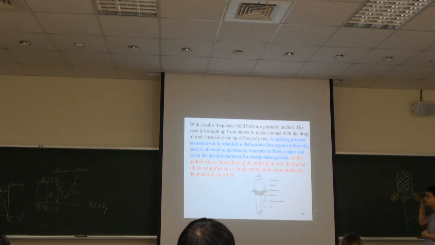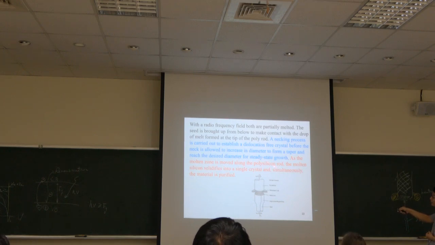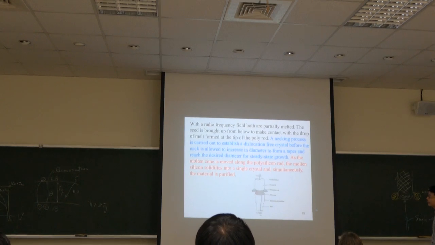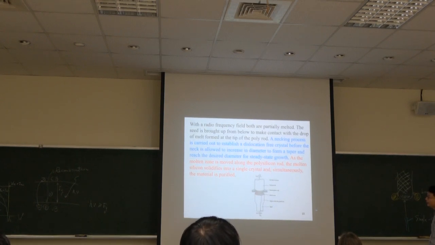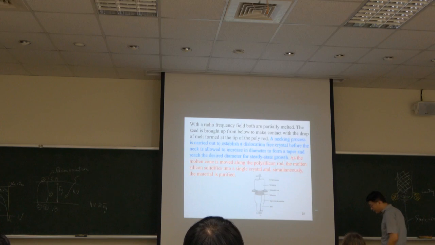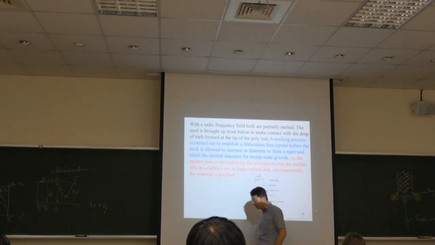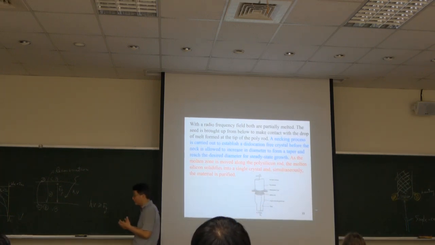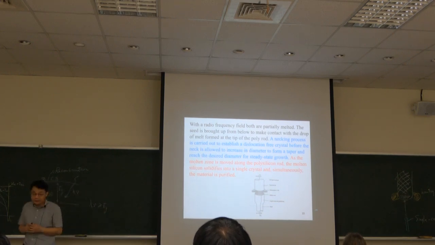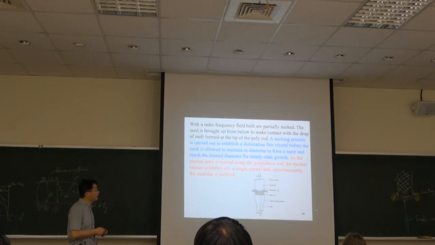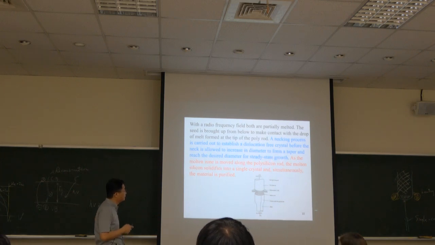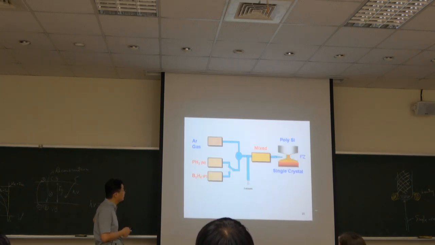The molten zone is moved along the polycrystal line, and the molten silicon solidifies into single crystal, and simultaneously we can also make the material purified. So this is also one of the solutions that we can produce single crystal silicon.